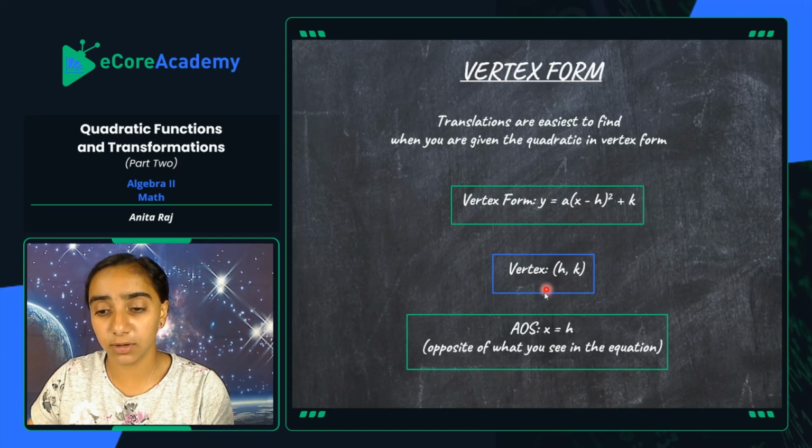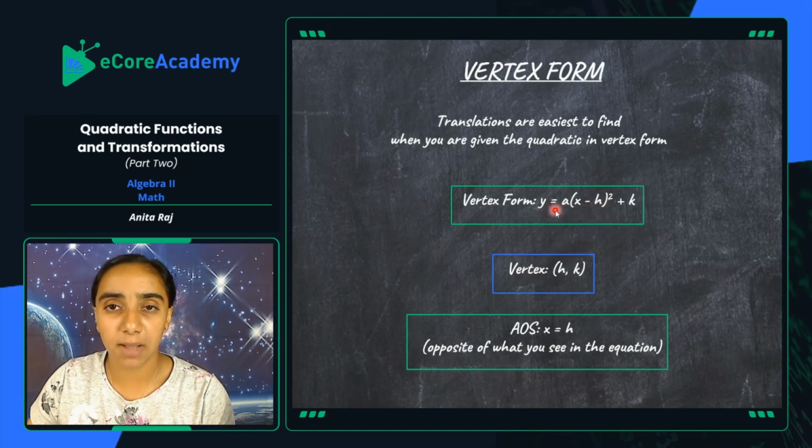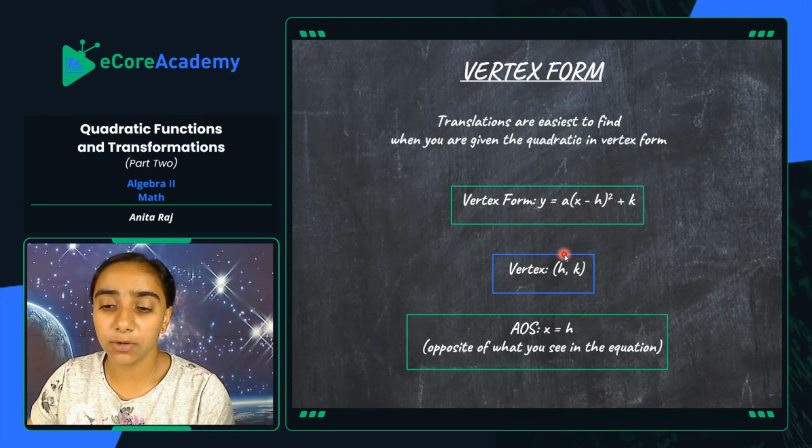Notice here we have a times x minus h. So this is very important. I'm going to give you an example. If our vertex was (4, 1), if the k value is 1 and h value is 4, here we wouldn't write it as x plus 4. We would write it as x minus 4. So you do the opposite, as I wrote down here. Opposite of what you see in the equation. So the same holds true if I read it the other way. So if the equation was y equals blah, blah, blah, x minus 4 whole squared, well, how would I write the vertex?